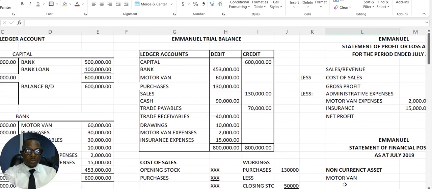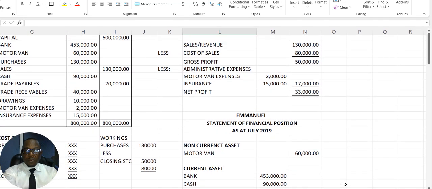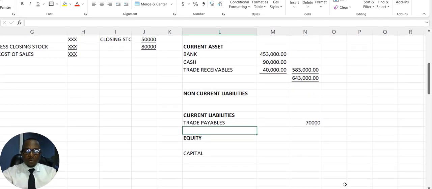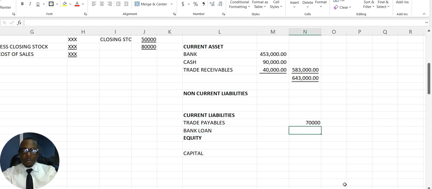I think it's 100,000. Bank loan is 100,000. So let's put it there. We decide to put it under current liabilities.